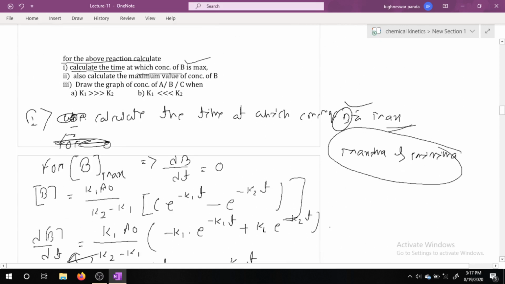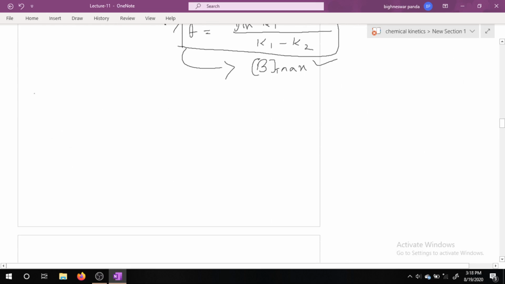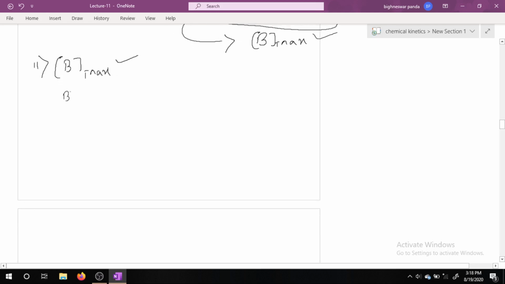Now the second question is to calculate the maximum value of concentration of B. Again, the concentration of B I can write as K1 A naught by K2 minus K1 into e to the power minus K1 t minus e to the power minus K2 t.